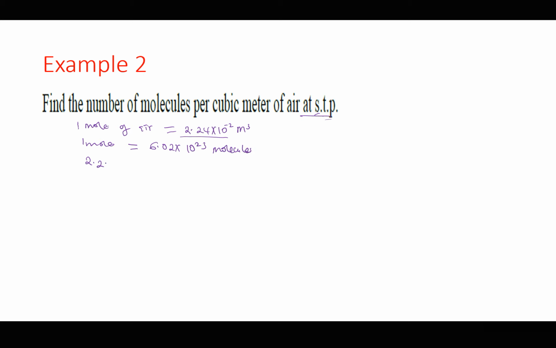So it means 2.24 times 10^-2 meters cubed should have this number of molecules. But we want the number of molecules per cubic meter, that is in 1 cubic meter. So 1 cubic meter should have 6.02 times 10^23 divided by 2.24 times 10^-2 molecules.